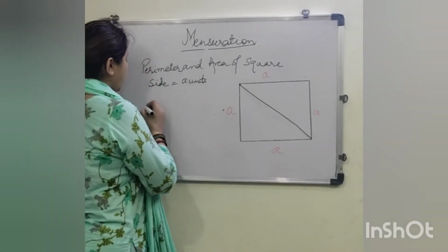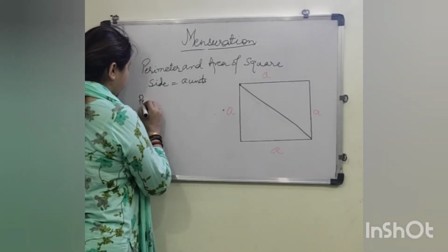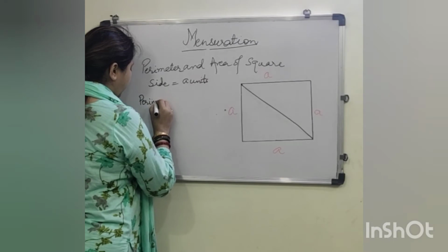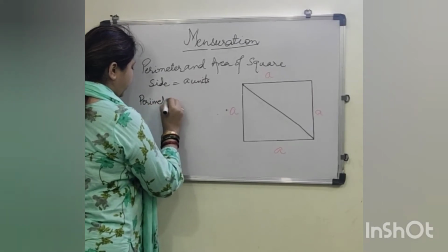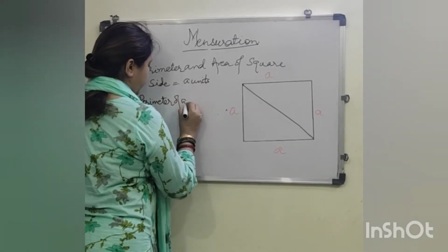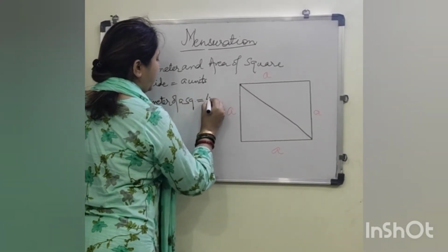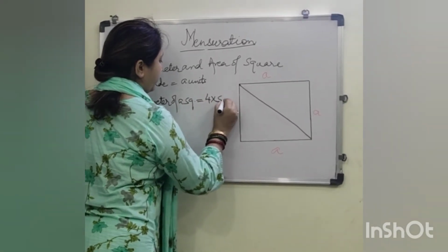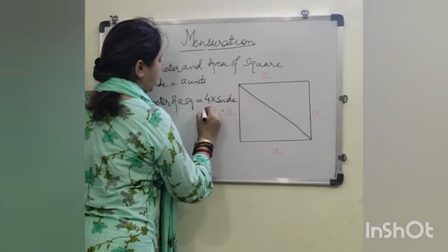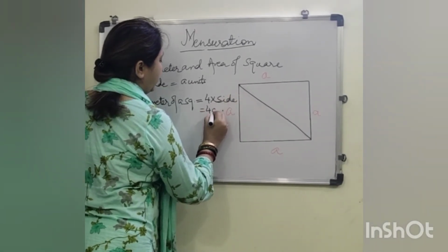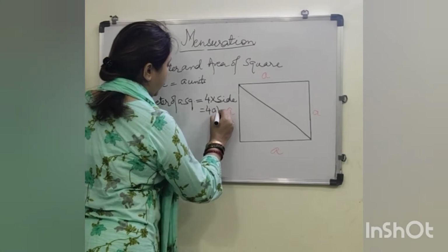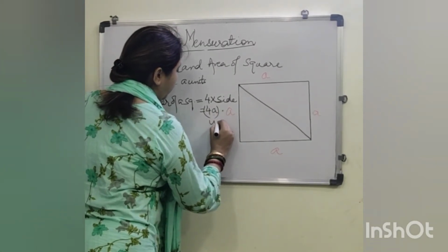So perimeter of a square is equal to 4 into side, that is 4a, because side we have taken a. 4a units.